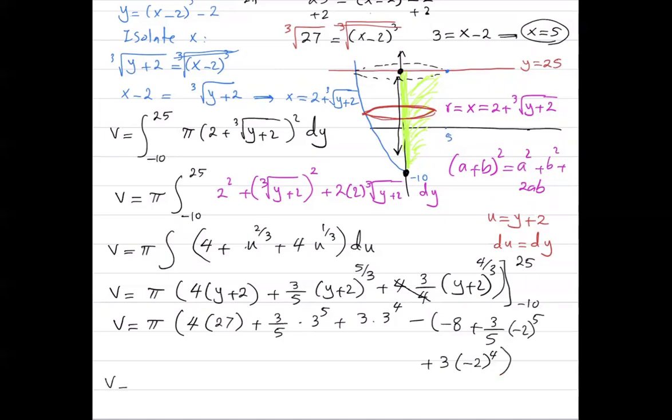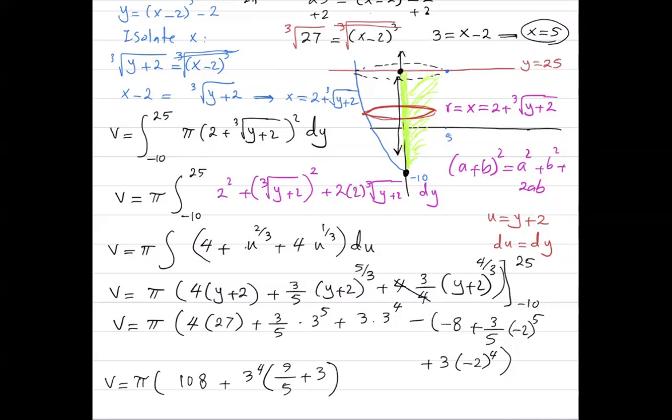So the volume can be written as, can we simplify this further and then take the common denominator? Probably, but this is pi times 108 plus, let's see, if I factor out 3 to the power 4 here, I get 9/5 plus 3, or I could factor out 3 to the power 5, it doesn't matter.